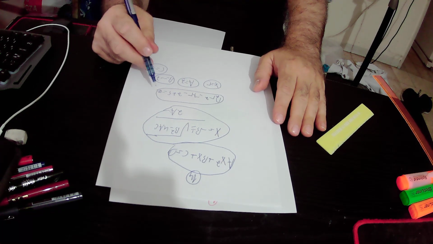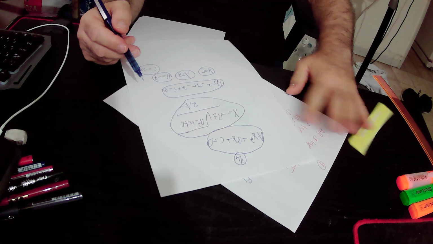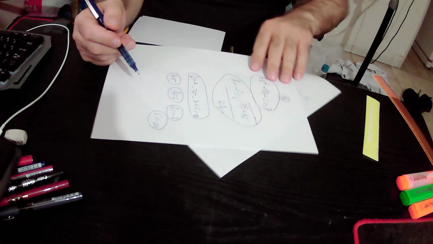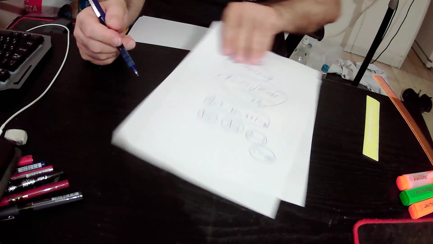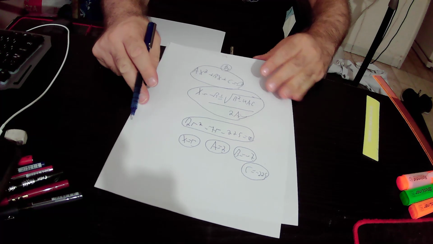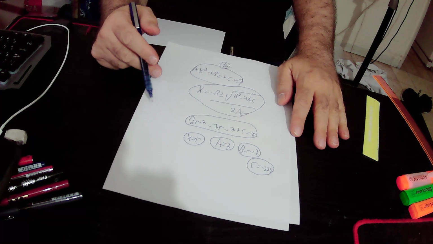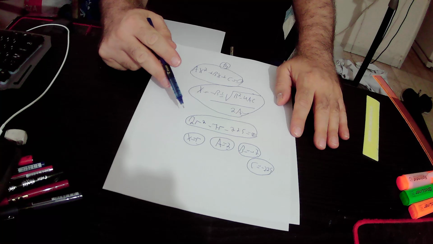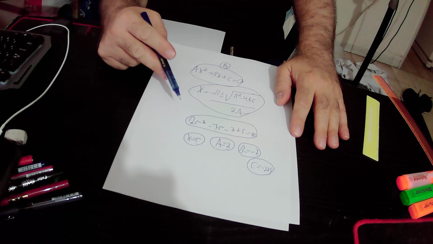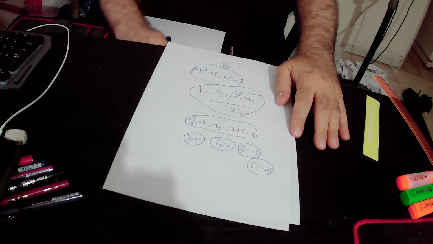So the only thing that is left, in order to find out the value of r, is to substitute x by r, a by 2, b by minus 7, and c by minus 225. So we will do it now.